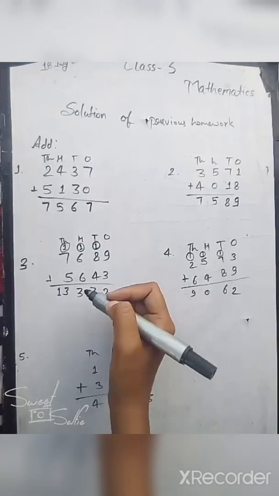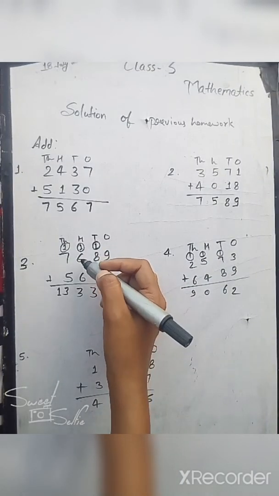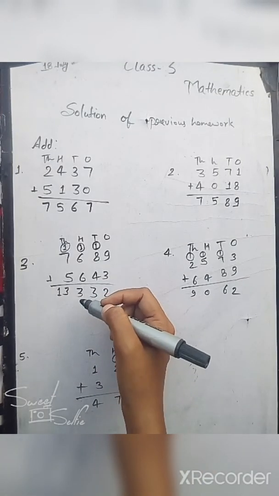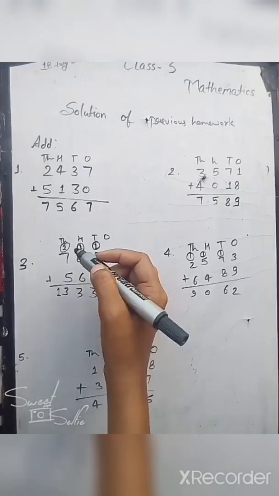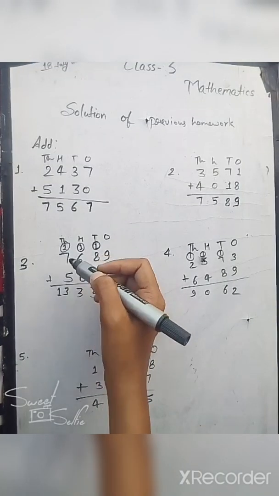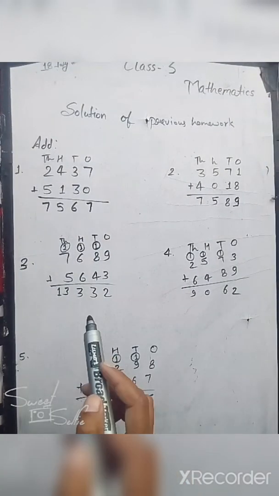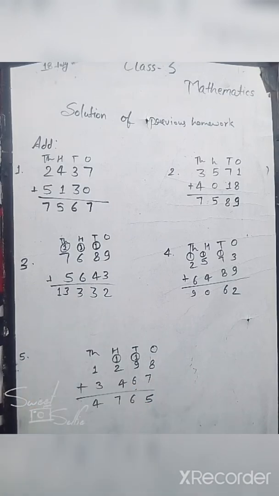And now we will add 100 place numbers. So 1, 6, 7 and 7, 6, 13. In 13, again we will write 3 and 1 carry on 1000 place. So 1, 7, 8 and 8, 5, 13. Okay. So we get 13,332 as the sum of these two numbers.